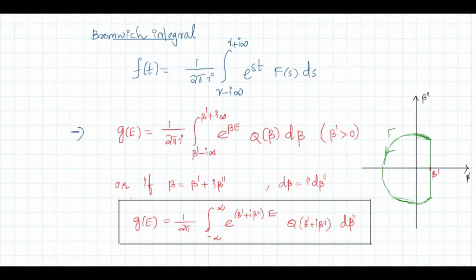The inverse transform can be calculated using the Bromwich integral. If F of s is the Laplace transform of a function f of t, then we can calculate f of t once F of s is given, using this integral. It is equal to 1 by 2 pi i, integral from gamma minus i infinity to gamma plus i infinity, of e raised to st F of s ds.